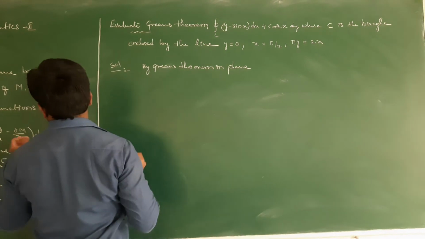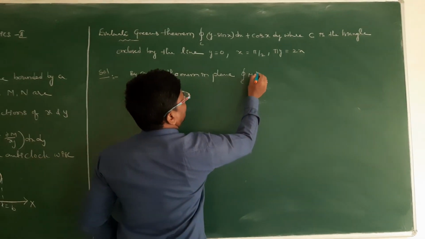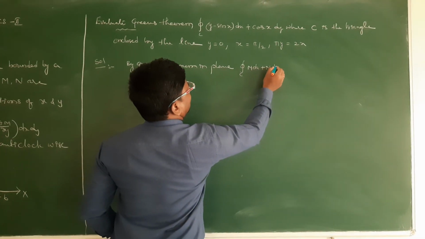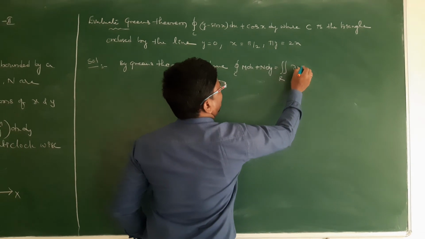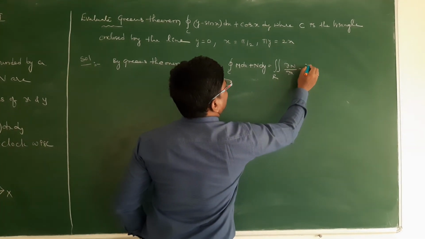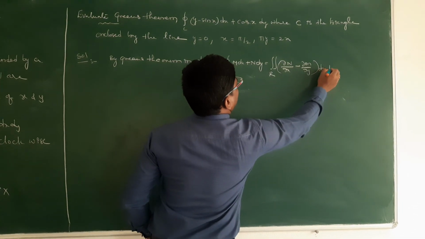Just I am writing the statement: the integral over C of M dx plus N dy is equal to the double integral over R of (∂N/∂x minus ∂M/∂y) dx dy.